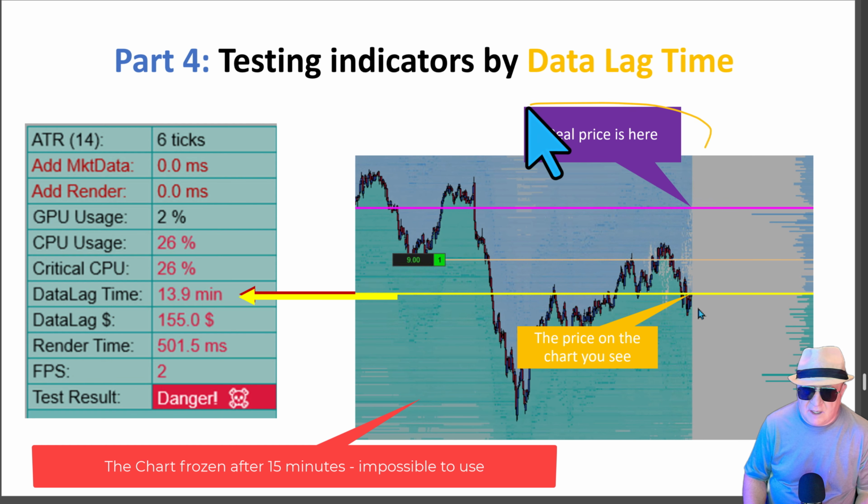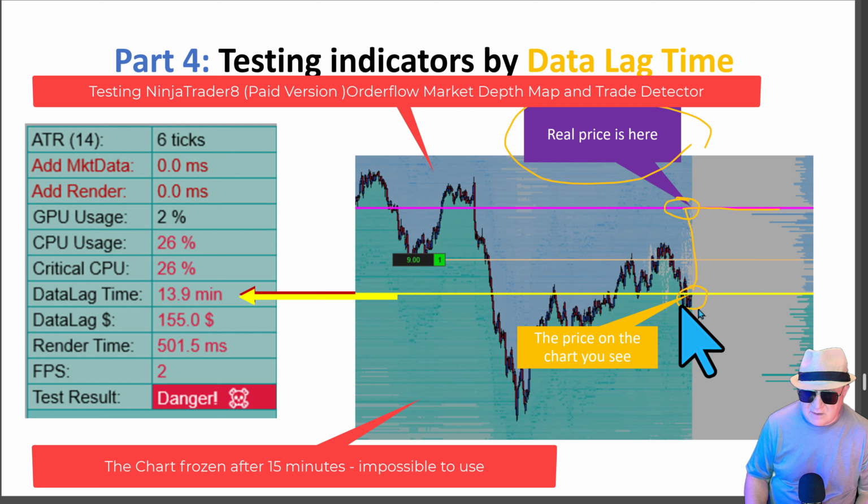On this very slide, you can see the real price differs, and this violet color price line is apart from the one that is shown to us with the indicators. This is the price on the chart that is displayed to us, and we may believe during the trading that the price is right here while the chart has already moved over here.